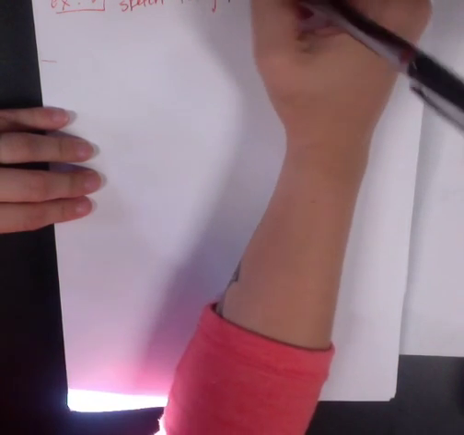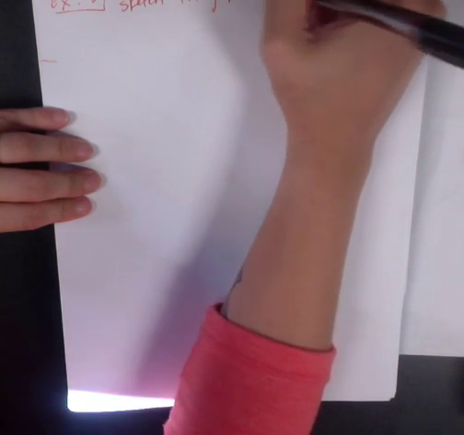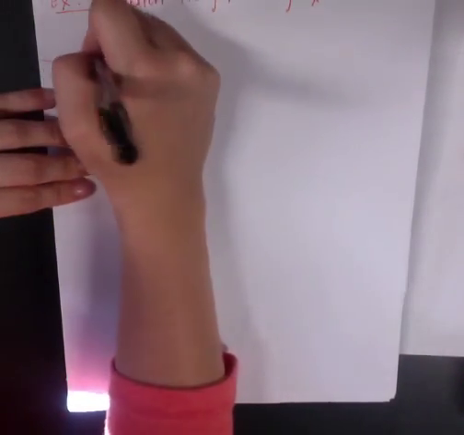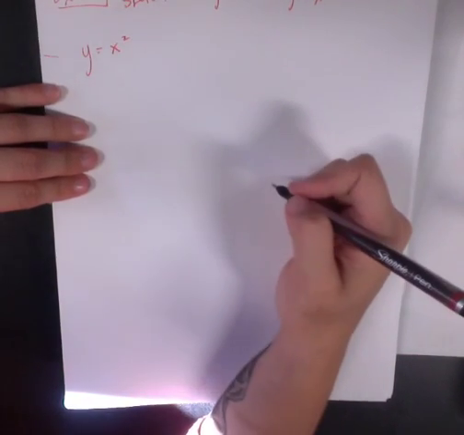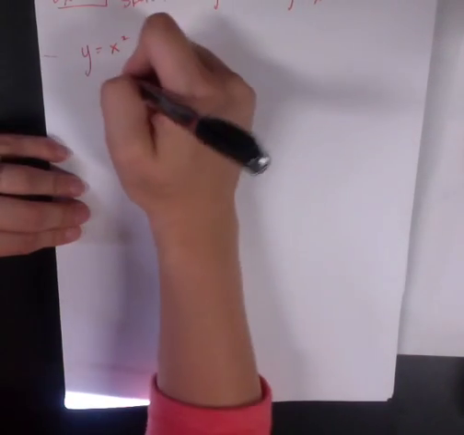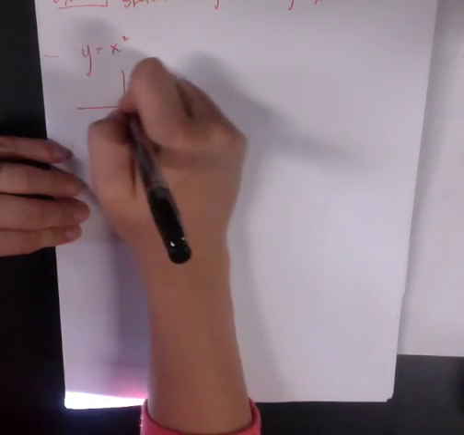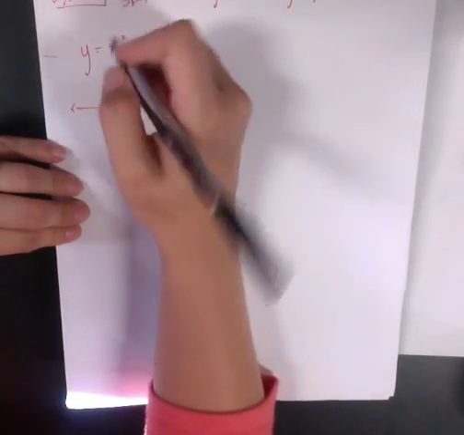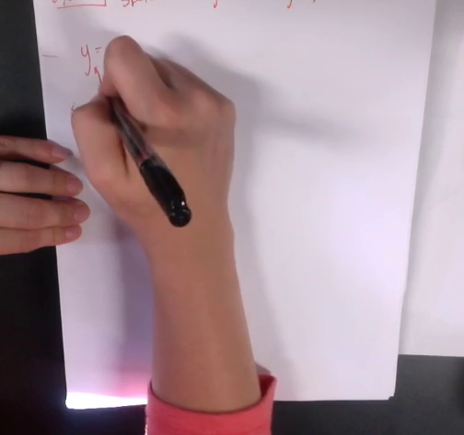So let's do an example. Sketch the graph of y equals 1 over x squared. Okay, so we can see it's the reciprocal of y equals x squared, which we want to graph first. Now, we should know what it looks like. It's a parabola.